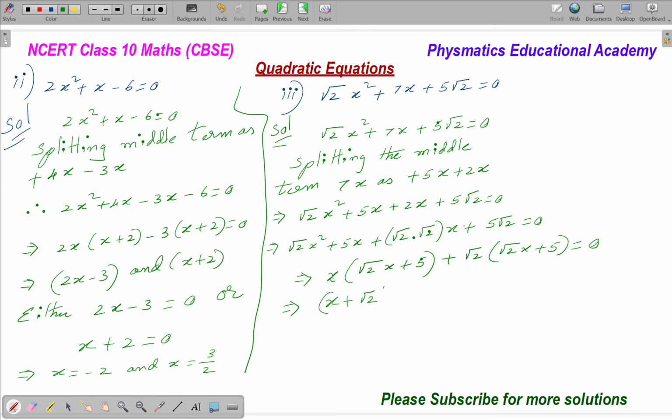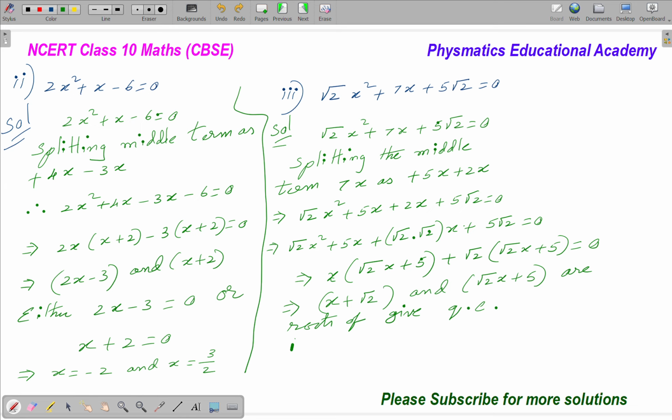That implies x plus root 2 and root 2 x plus 5 are roots of the given quadratic equation, that is x is equal to minus root 2 or x is equal to minus 5 by root 2. These are the roots of the quadratic equation.